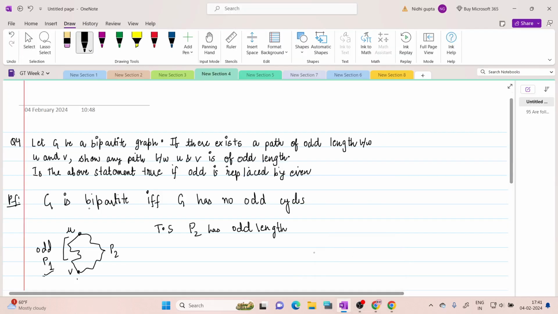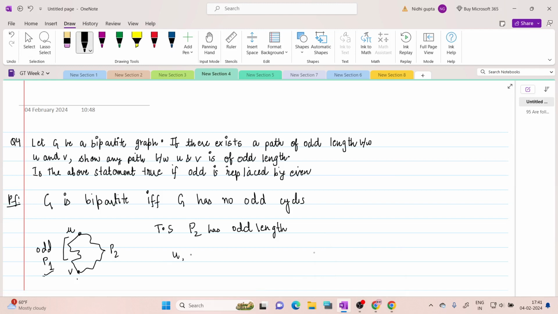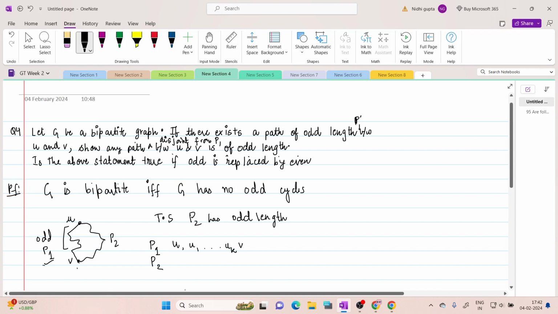So UV is a path, say U going from U1, UK, V. This is my path P1, of odd length.